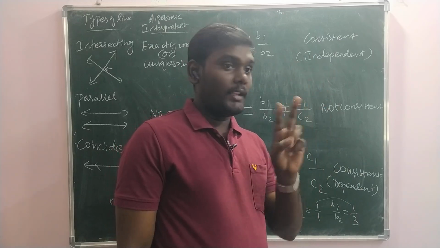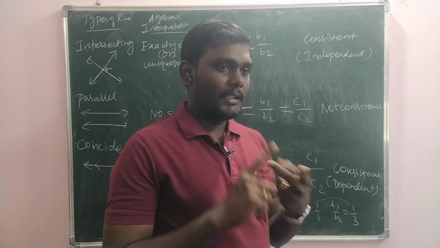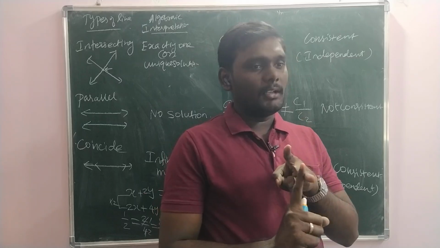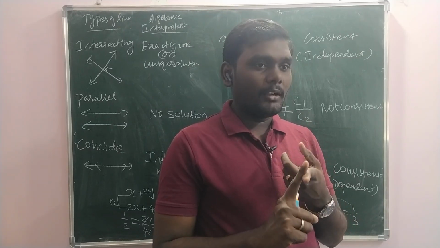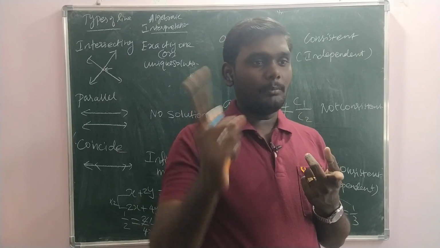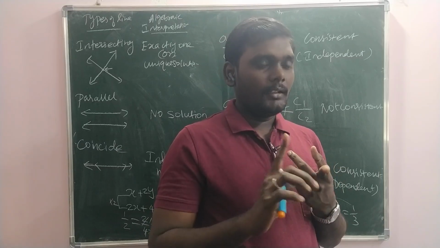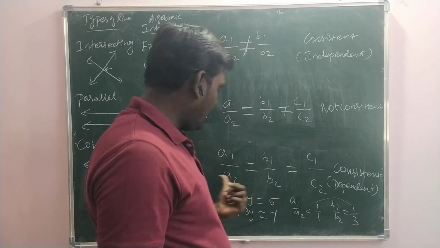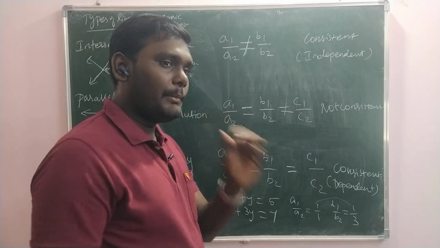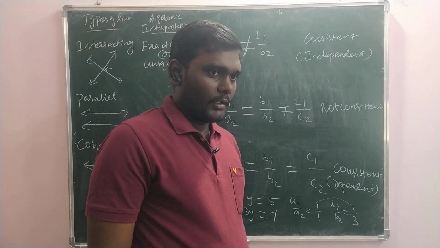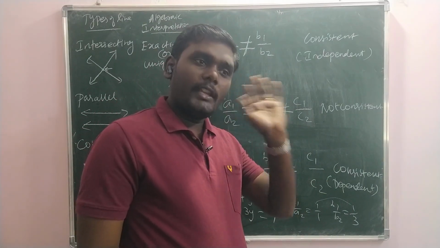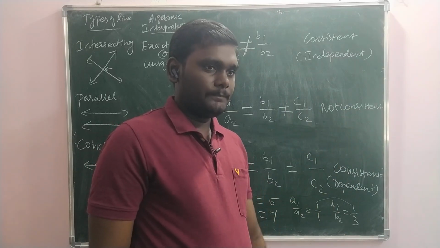In consistent itself, we have two types: one is dependent consistent, another is independent consistent. When one is a multiple of another, it is dependent. Simply, when infinitely many solutions come, it is dependent. A unique solution means it is independent.